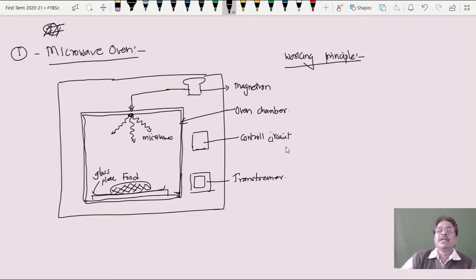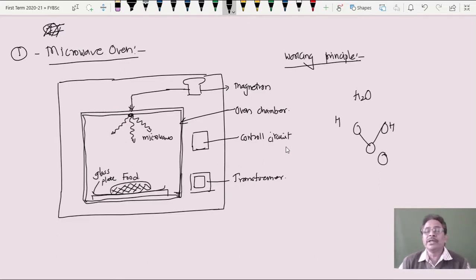Now there is a very great tendency. I think you might have seen this molecule which is called H2O. H2O means there are two hydrogen and one oxygen. So this is H, this is H, and this is the oxygen atom. Okay, you might have drawn this particular diagram earlier. Now this molecule has a tendency to oscillate in such a manner when these microwave radiations are entering.